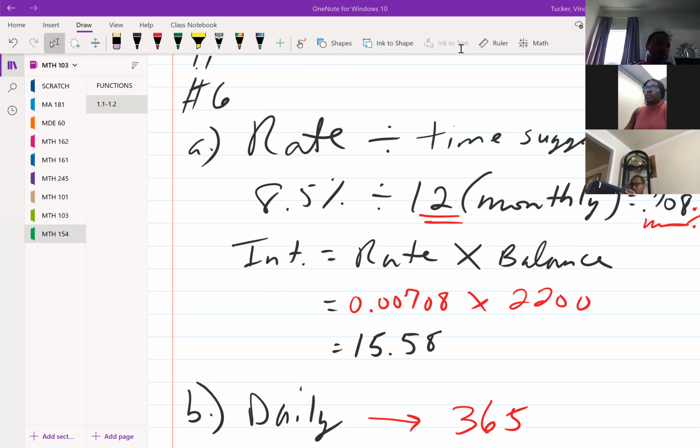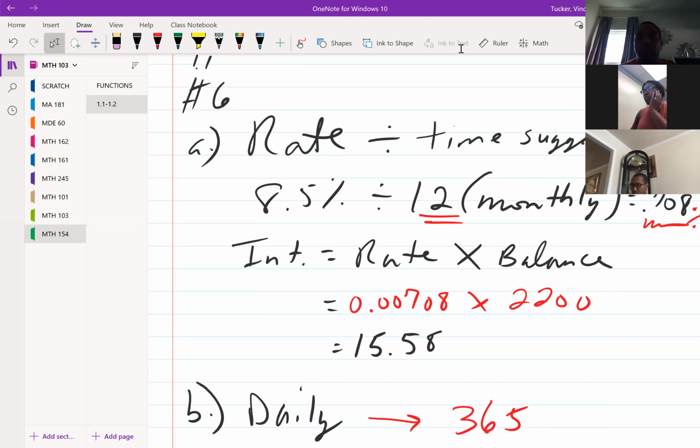APR is annual percentage rate. So make sure, and you'll see it in the next problem, that we pay attention to the actual terminology because it's going to matter what you do and what you don't do. So 7.5% annual percentage rate. They want us to find out first, A, what's the periodic rate monthly?